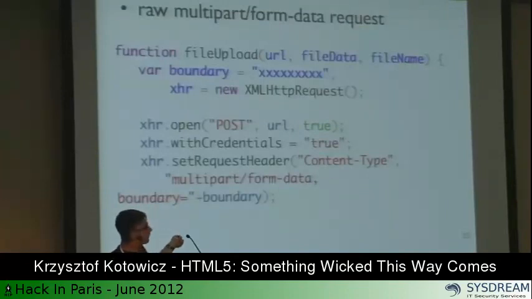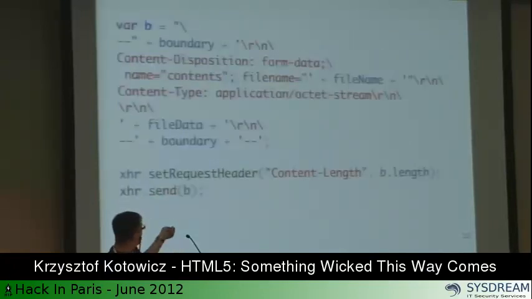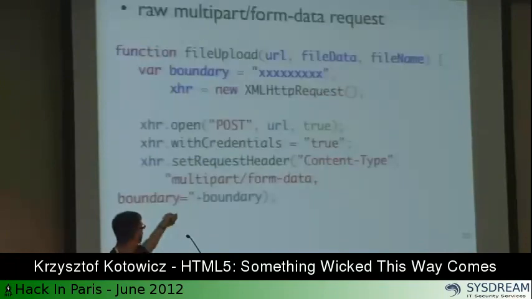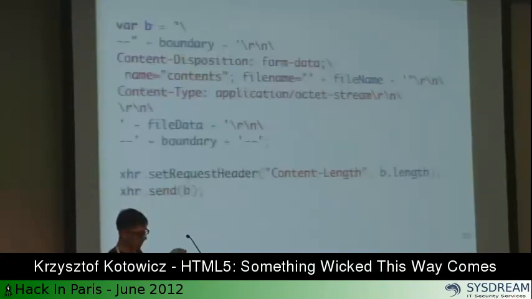So I'm setting the content type of multipart form data with a certain boundary, and I'm constructing manually the whole MIME type of request. In here, there's the binary file data, but I simply passed it as a parameter to this function. And of course, there's a boundary. This is the file name, and I'm sending this whole text, this whole body to the target web server.